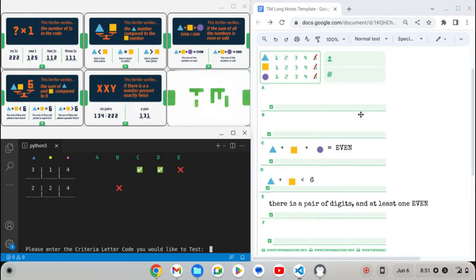Well, they're not equal, so let's put in our notes that triangle is either less than or greater than square. So that was for B. So we know triangle is either less than or greater than square.